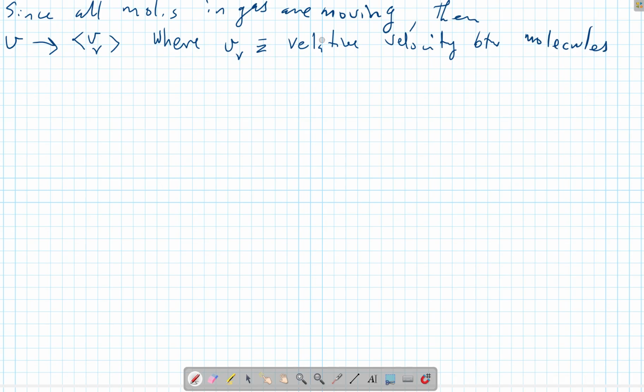Okay. For example, looking at it vectorially, Vr can be V1 minus V2, the relative velocity between molecule 1 and molecule 2. Vr squared can be computed to be V1 squared plus V2 squared minus 2 V1 vector dot V2 vector.